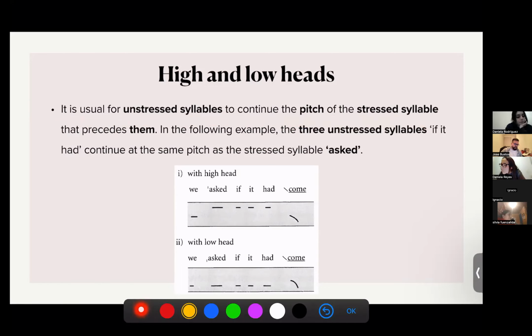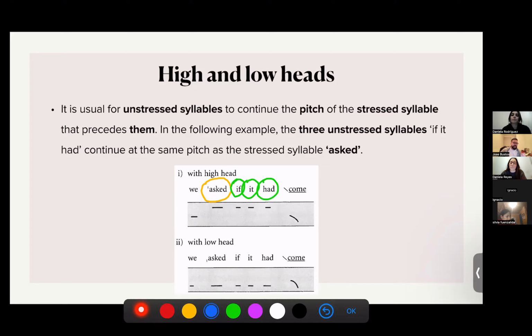Look at the example. Is that a high or low head? High, very good. If you pay attention, "if", "it", and "had" continue the pitch, the same level. Good.